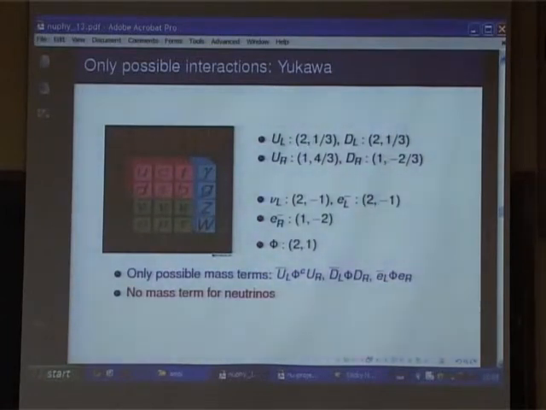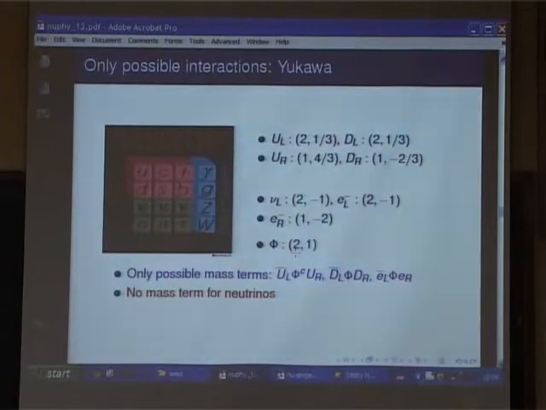So this is a left-handed up-type quark, a doublet of SU2. Similarly, the down-type quark is a doublet of SU2. Right-handed quarks are singlets, so there is one. Left-handed leptons are doublets, so there is two. The right-handed electron is one, and Higgs is two, so that's a doublet of SU2.